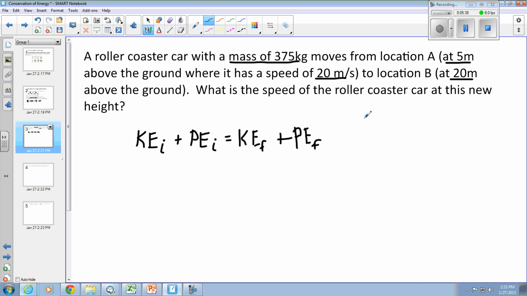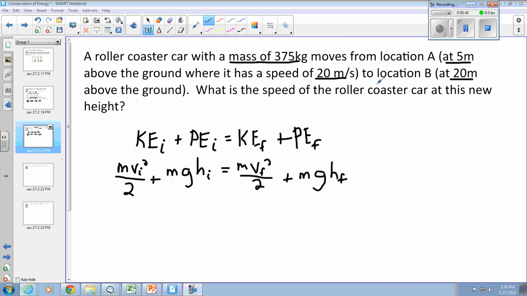We're going to do it by expanding the equation out. So our expanded equation looks like this, and now we just need to plug in numbers. We'll plug in 375 kilograms for the mass. That'll go here, here, here, and here.